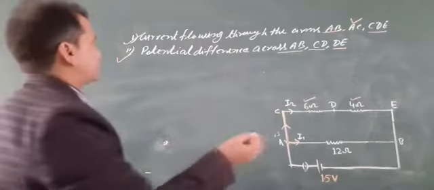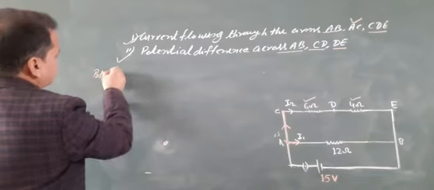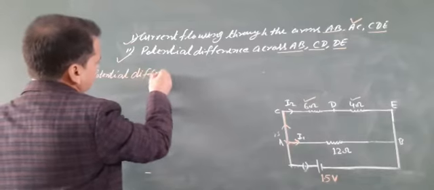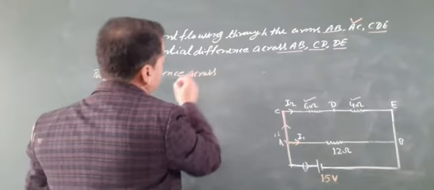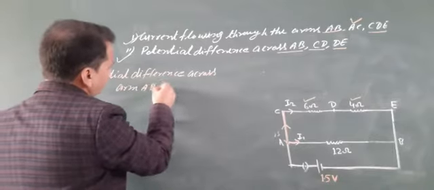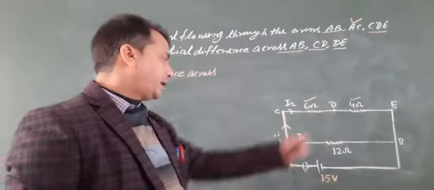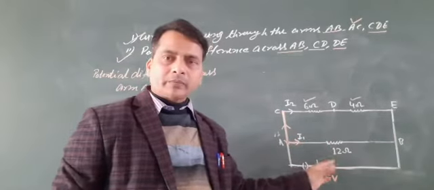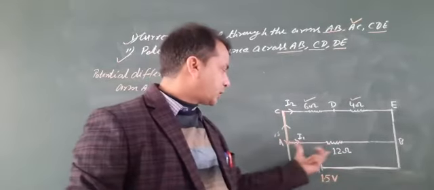Then the potential difference across arm AB. In this arm AB, the resistance used is a 12 ohm resistor.